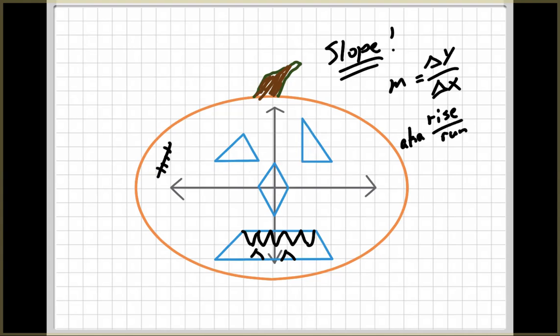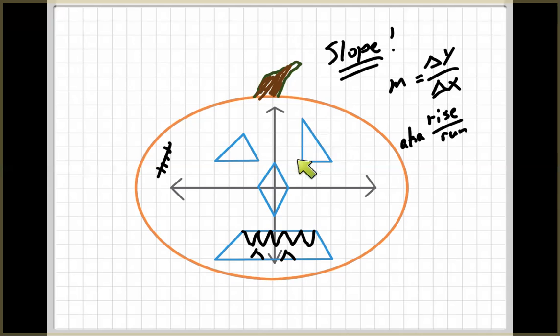I want to introduce it now. What slope is, is the change in y. That's what this little triangle means. The change in y for a given change in x. So if you think about the slope of this line segment here, I'm going from this point to this point, I'm going over 2 and down 3.